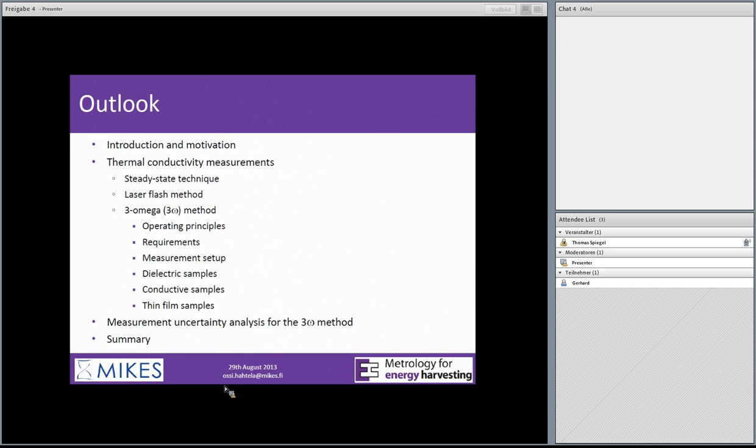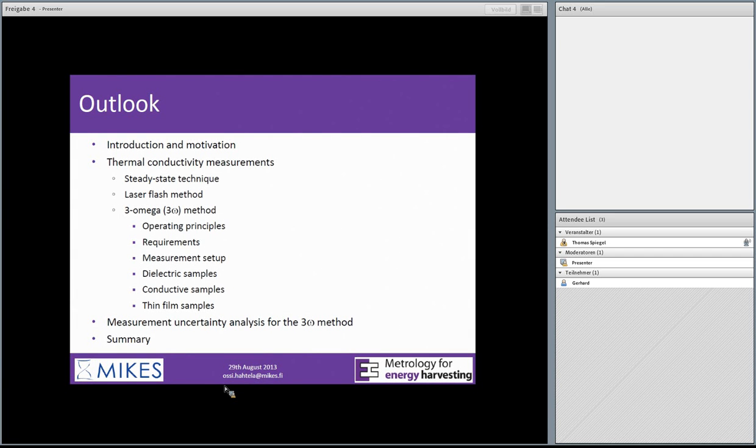So here's the content of my presentation. I start with giving a short introduction and motivation to this work. I'll show you as reference two traditional ways of measuring thermal conductivity: the traditional steady state technique and the laser flash method. The main part of this presentation will be about the 3-omega method: how this method works, what kind of requirements it sets on the samples and the measurement devices.